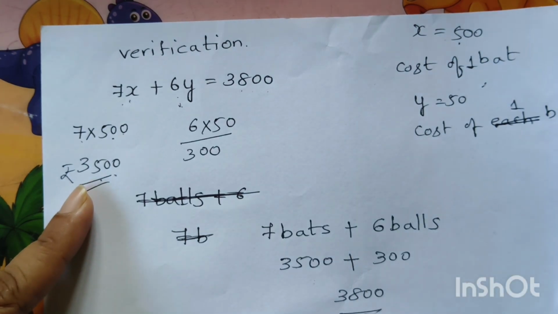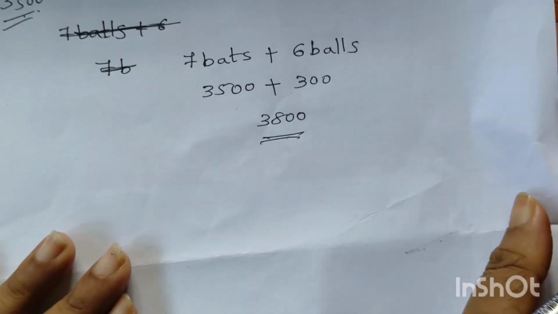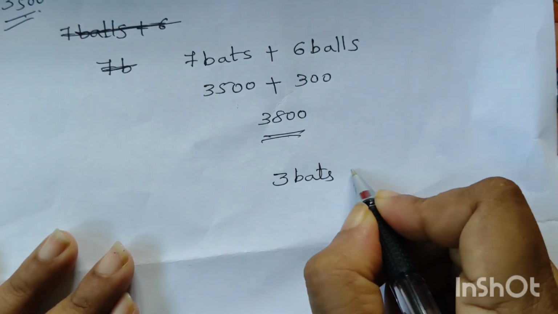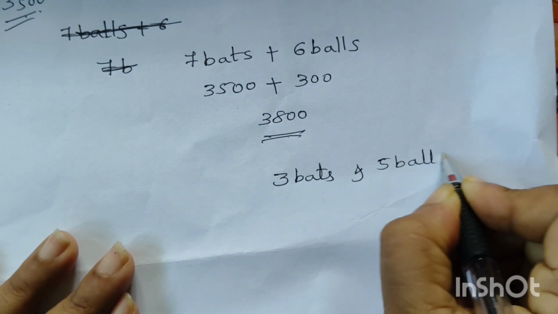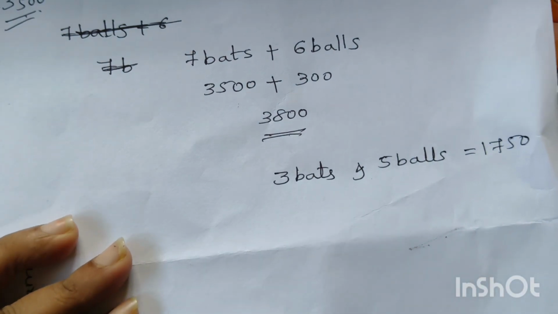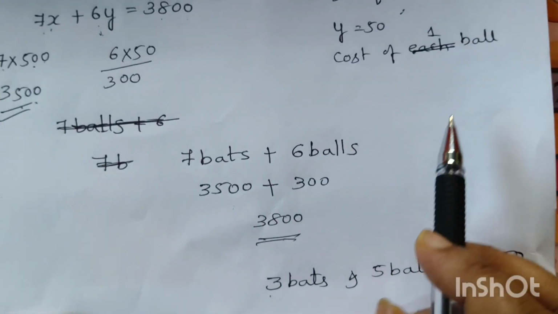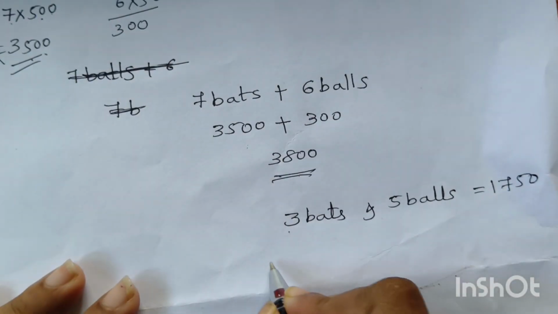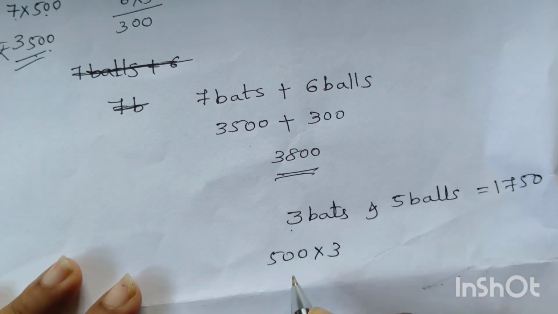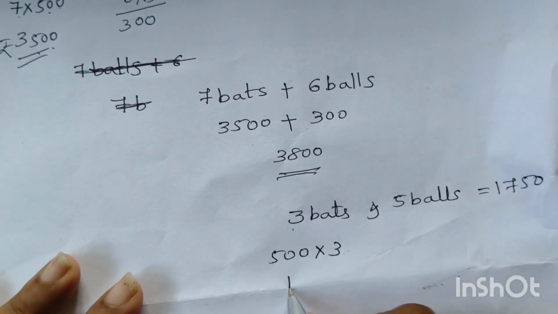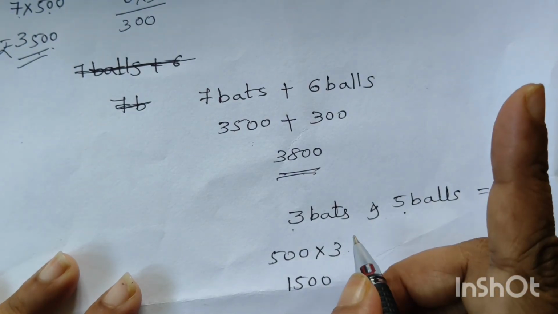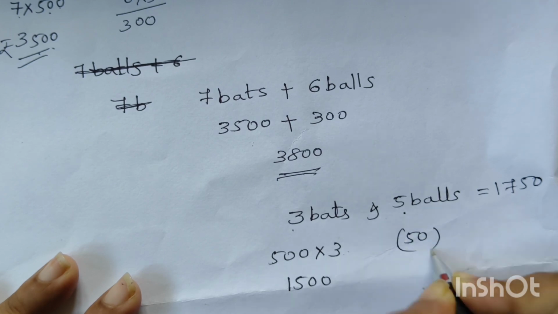It is correct. Then in the second case, what will he do? He will purchase 3 bats and 5 balls. And how much will he pay? He will pay 1,750. Right? Then what is the cost of one bat? 500 rupees. But he purchased 3 bats. Therefore, 500 into 3 is how much? 1,500. And he will purchase 5 balls. For one ball, how many rupees? 50 rupees. But he purchased 5 balls.